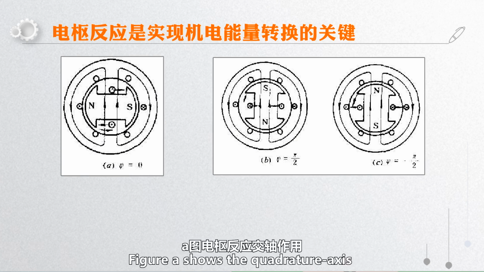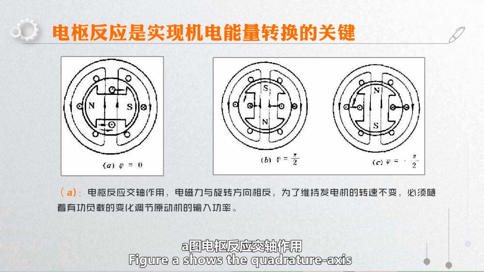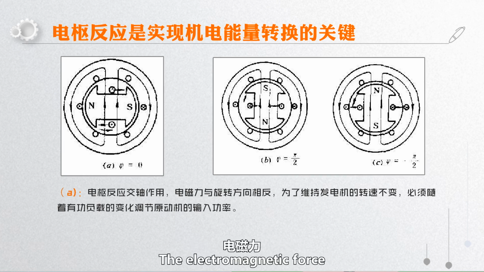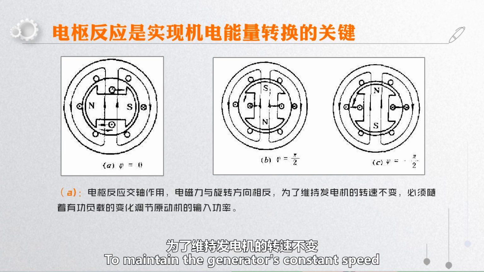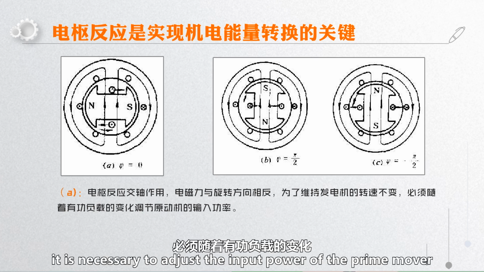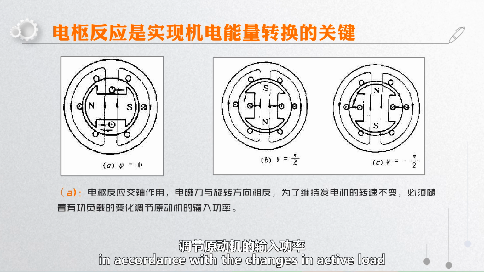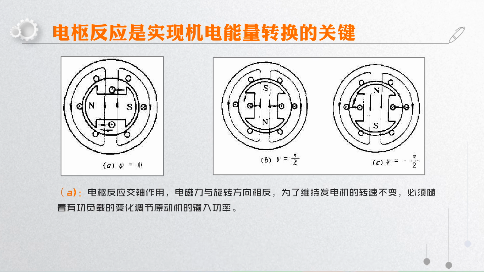Figure A shows the quadrature axis effect of armature reaction. The electromagnetic force is opposite to the direction of rotation. To maintain the generator's constant speed, it is necessary to adjust the input power of the prime mover in accordance with the changes in active load.